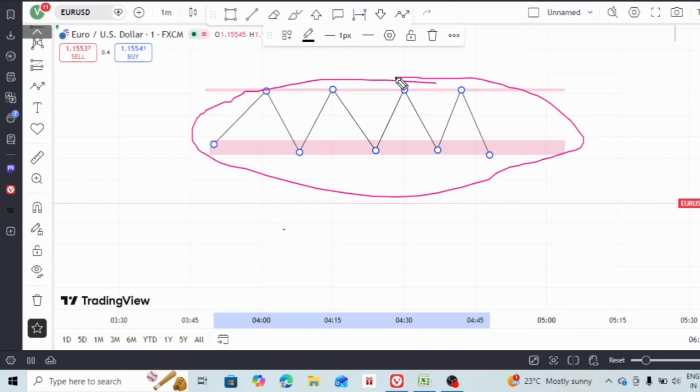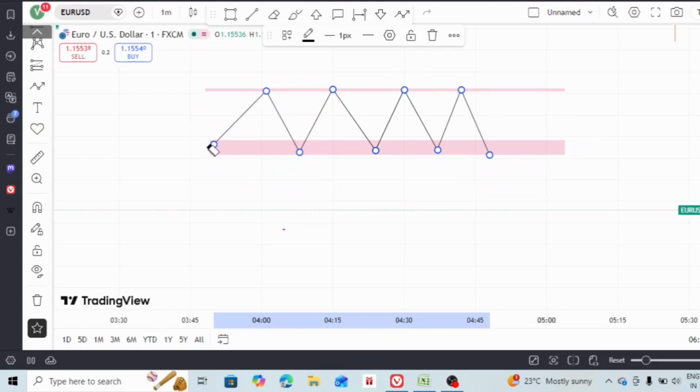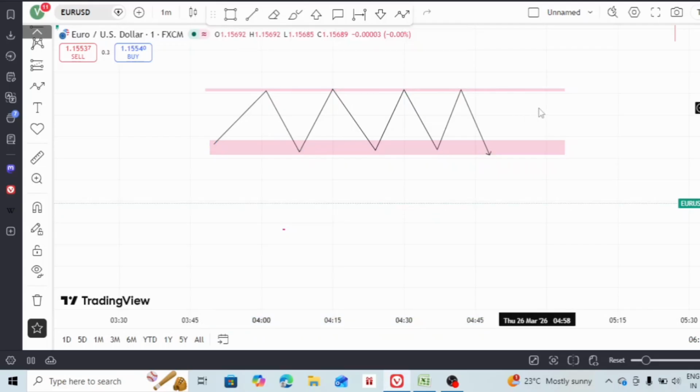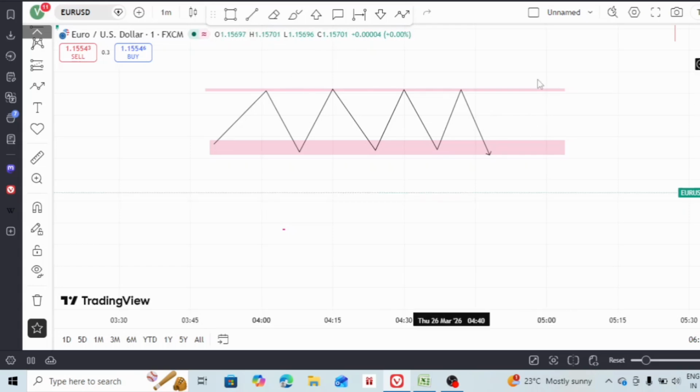So this is the ranging market, which means that the price is bouncing from here to here, and then from here to here. It's just in a range. It's like a ball bouncing back and forth between two walls. It's just bouncing between the support and resistance.